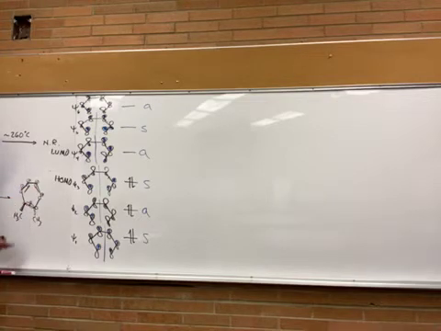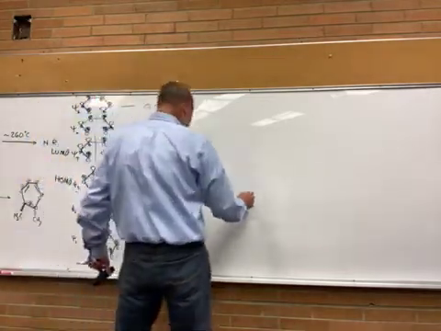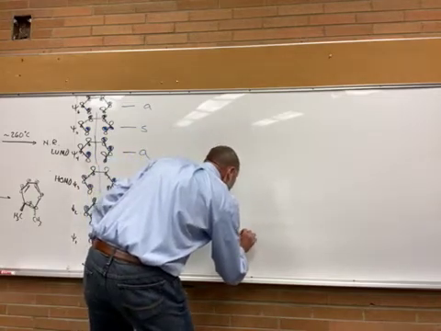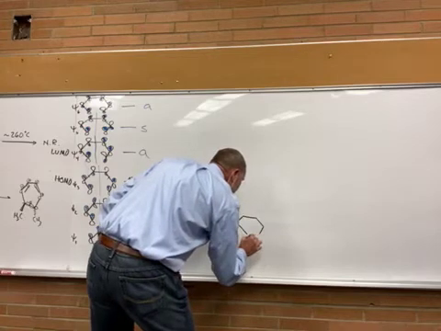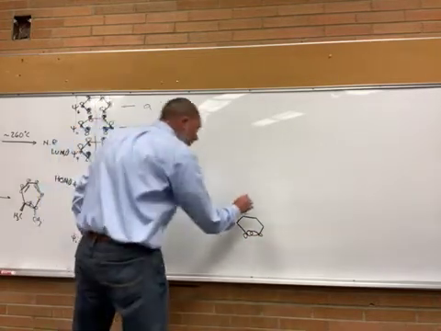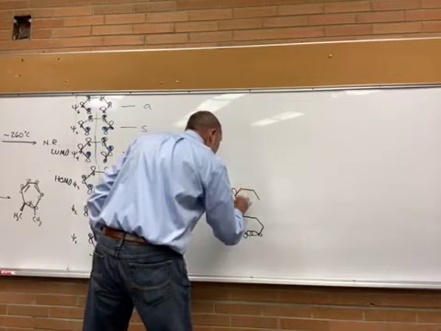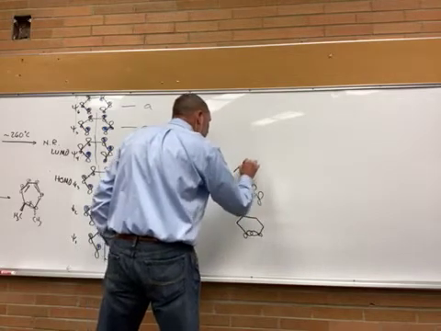Sigma is a lower energy than a pi bond, so that's why our new orbital set is going to look like this. It's going to look like that, and it's going to look like pi. Again, this is increasing in energy.